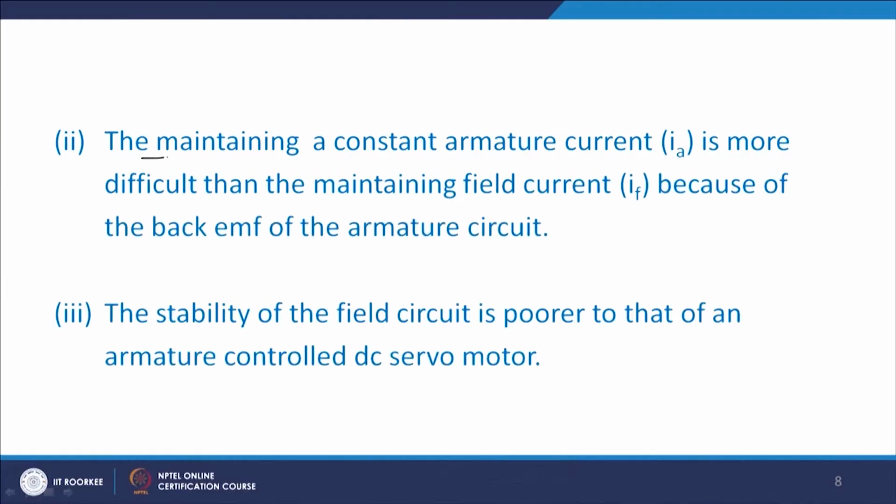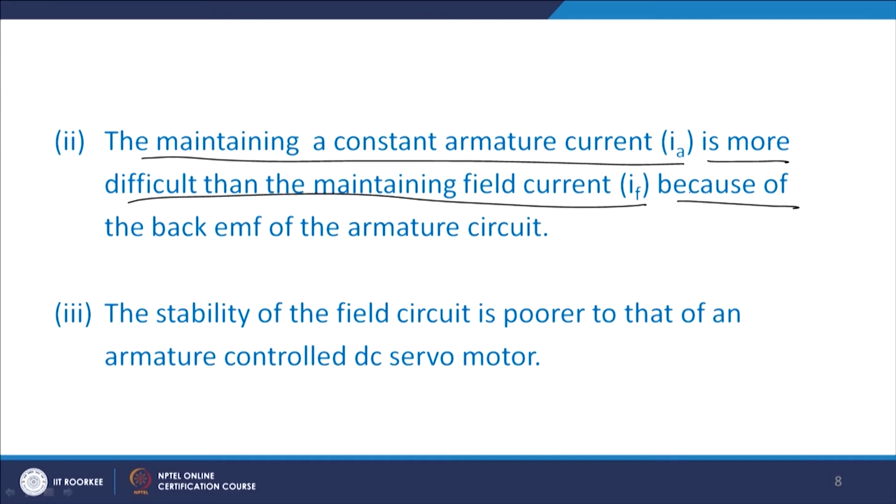Therefore, we can say that the model of a field control motor, particularly the position control model, will always be third order, whereas in the case of armature control we can consider the model as second order by reducing its inductance. The second point: maintaining a constant armature current Ia is more difficult than maintaining the field current If because of the back EMF.